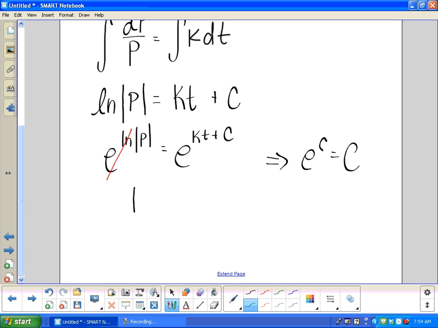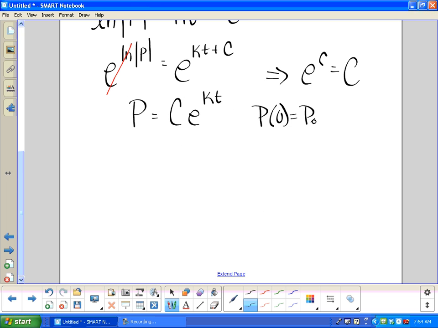So I'm going to end up with P is equal to c e to the kt. And now I want to use my initial condition. When t is 0, it's equal to P naught. So I'm going to plug in P naught for P is equal to c e to the k times 0. e to the 0 is just 1, so we get that P naught is equal to c.